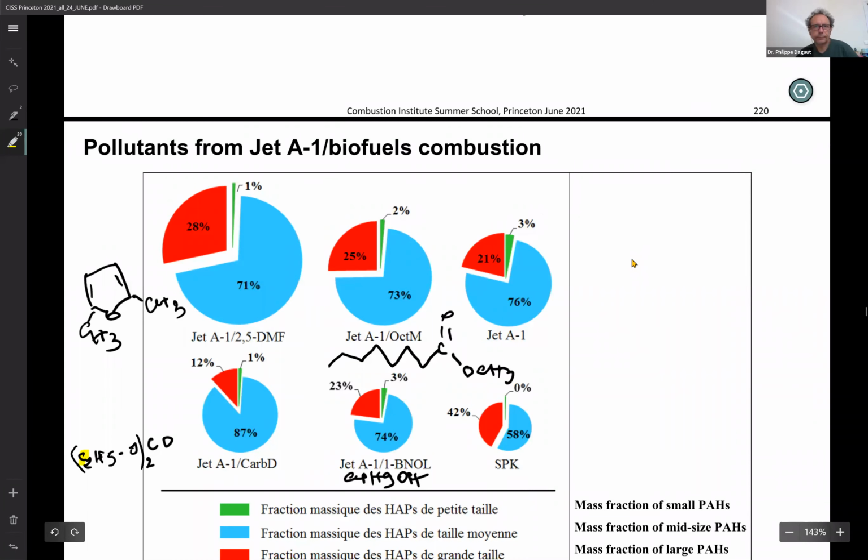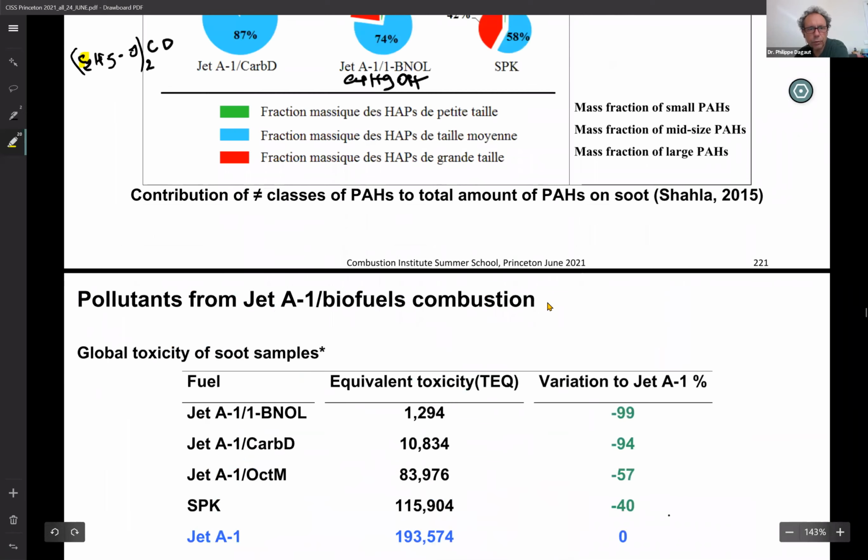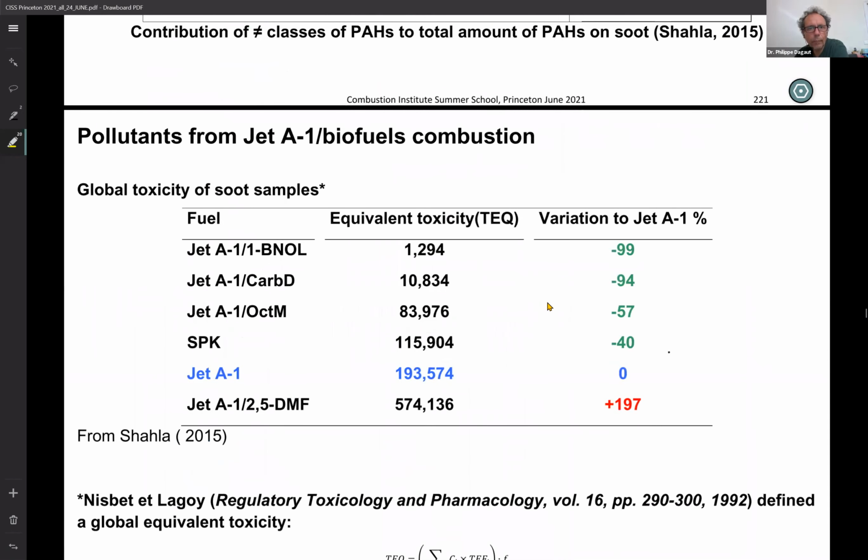We have a detailed speciation of the different polyaromatic hydrocarbons collected on the surface of soot. And then using this equivalent toxicity, which was developed by Nisbet and LaGoy, we could draw some tendency.